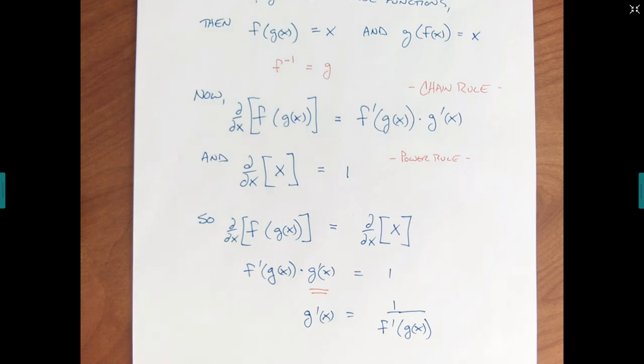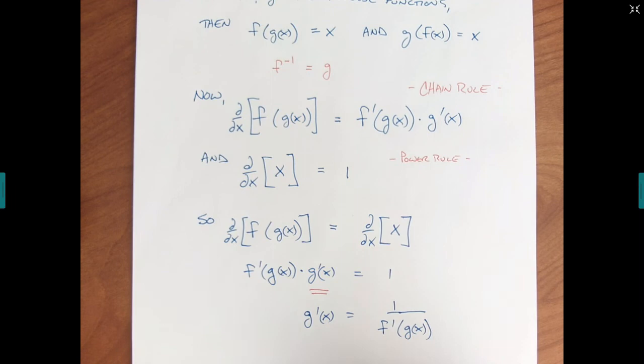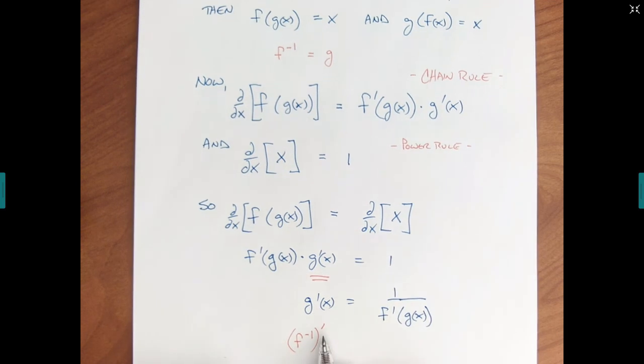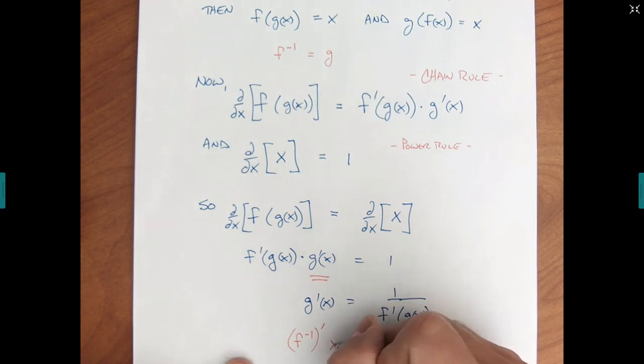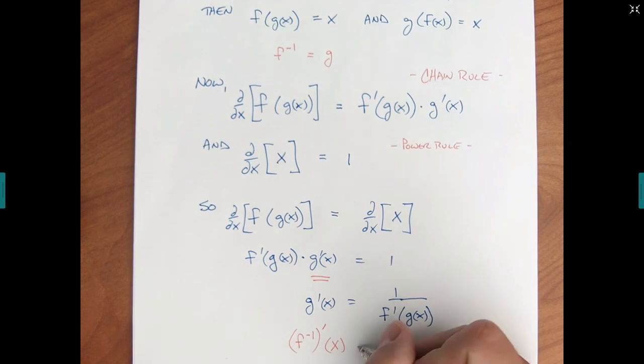What I'm going to do though is take this notation from up above here and replace the g with this inverse notation. So there's g, and I'll use the little prime symbol, Lagrange notation. And the independent variable here is x, but we might look in our textbook, it might have an a or some other letter there.